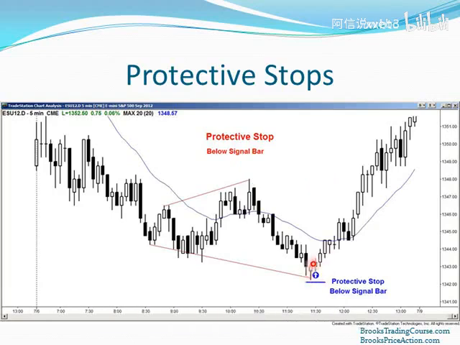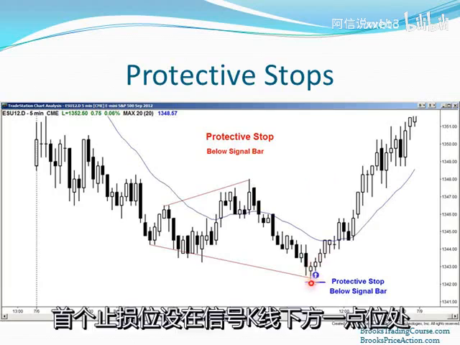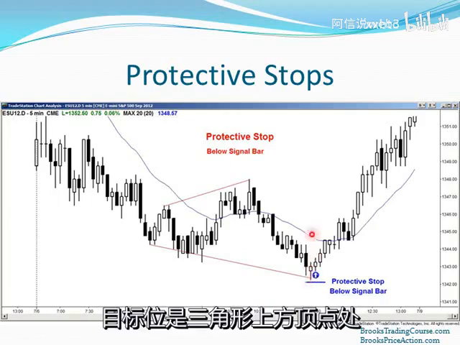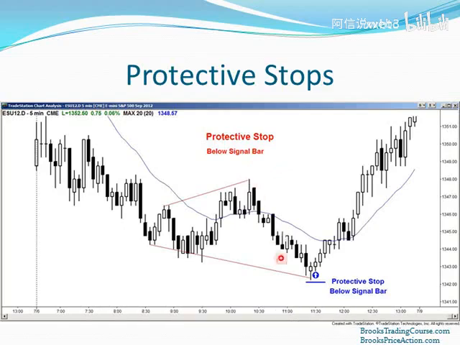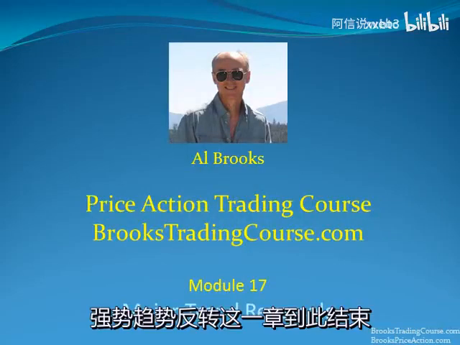Here's your signal bar. Here's your entry bar. Your initial stop is one tick below the low of the signal bar, and you're trying to hold on to a profit target at the high of the triangle. And this is the end of the module on major trend reversals.